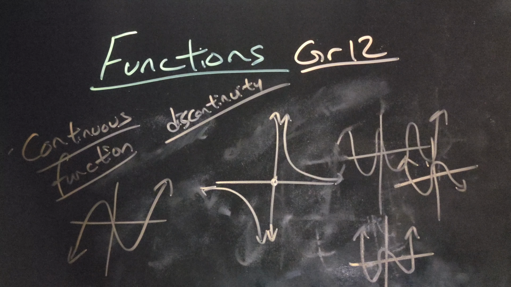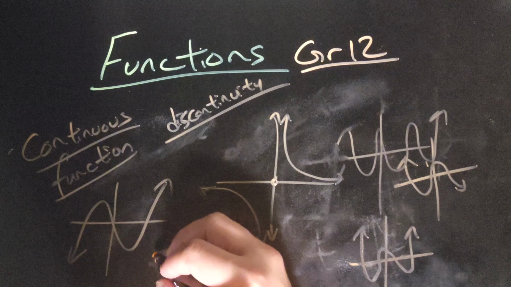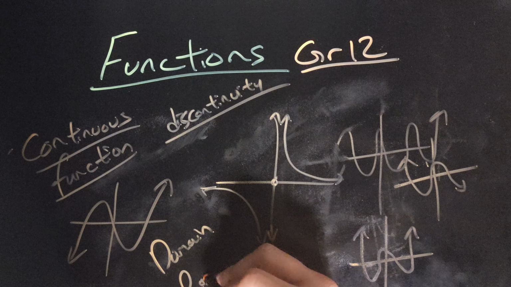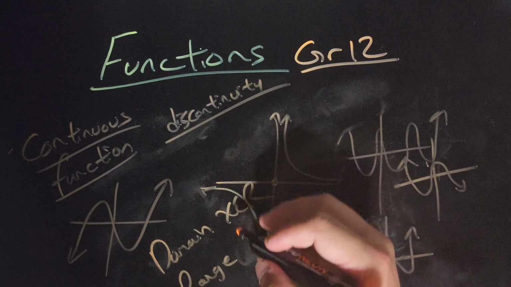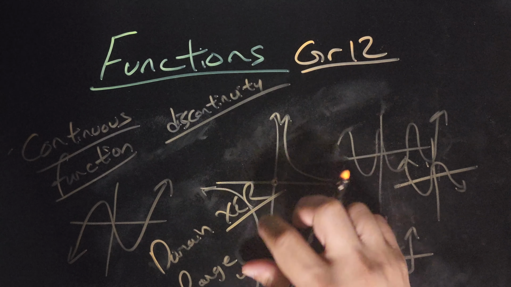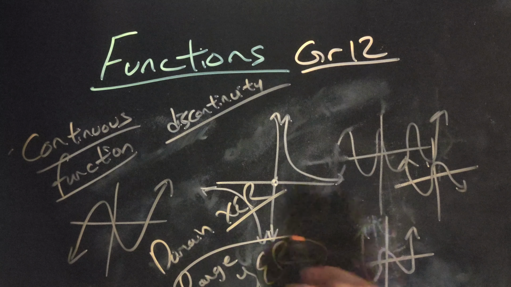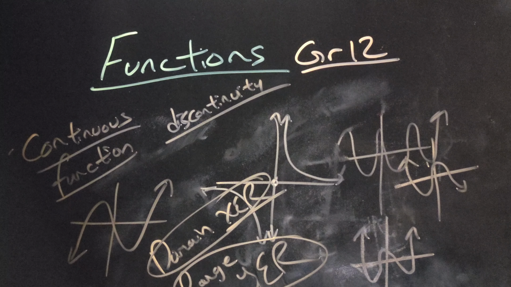So yeah, we do remember our domain and range. Domain is where we can define all of our x values, and range is where we can define all of our y values. So a lot of fun things to go over.